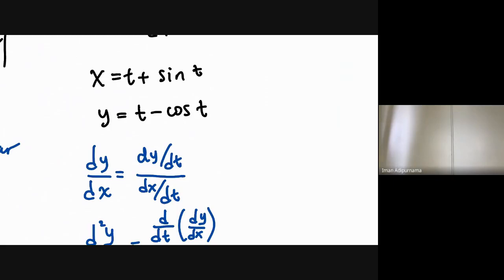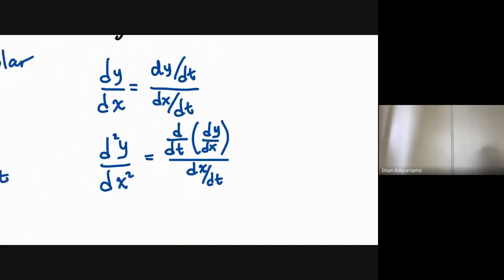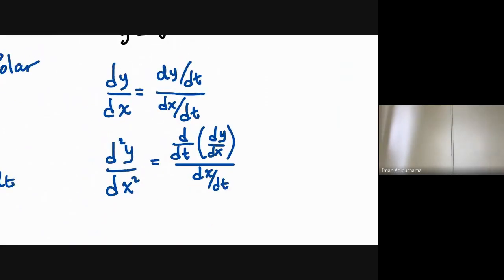You need to mention that it should be related to dy over dx. Why do we need to write it like this? It's because of the chain rule. Not because first derivative, then second derivative from here. That's the wrong concept.